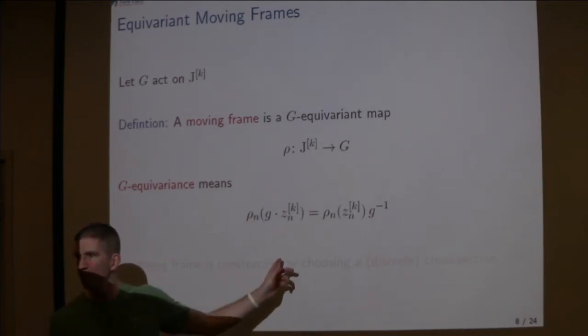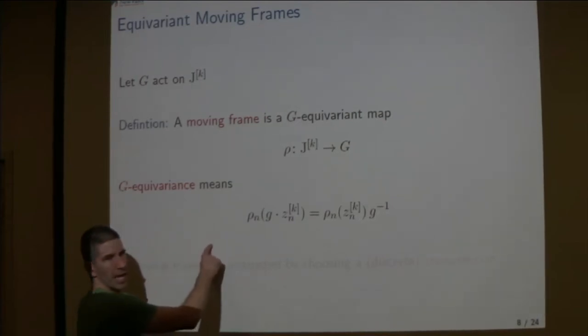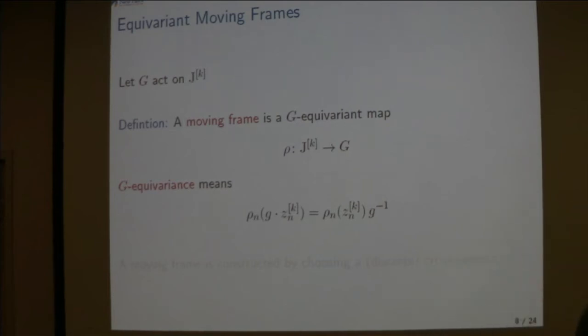Technically I should write that rho can be a function of n, and also of z_n^(k), which just denotes z_n, z_{n+1}, z_{n+2}, and so on.